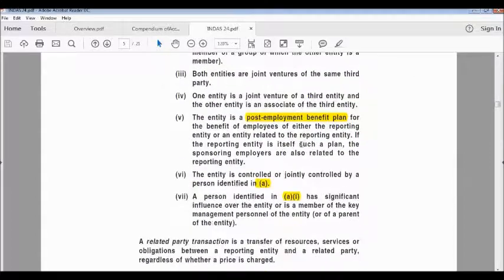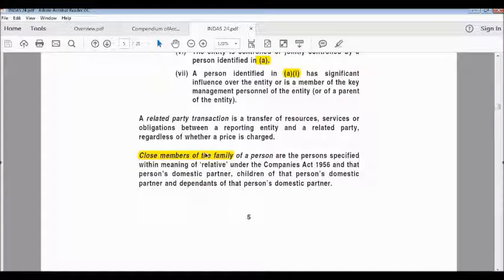The definition is given here: close members of the family of a person are the persons specified within the meaning of relative under the Companies Act. You can read it as 2013 instead of 1956, and that person's domestic partner, children of that person's domestic partner and dependents of that person's domestic partner.